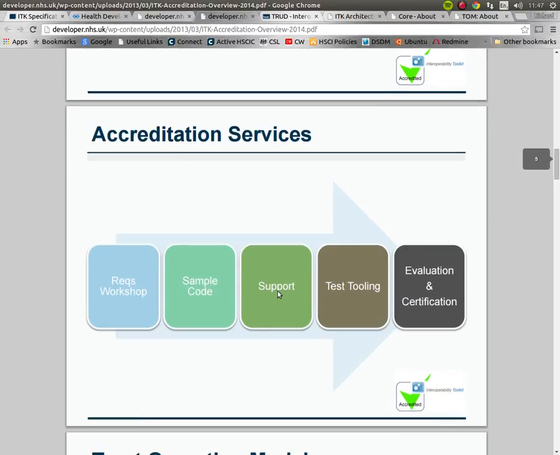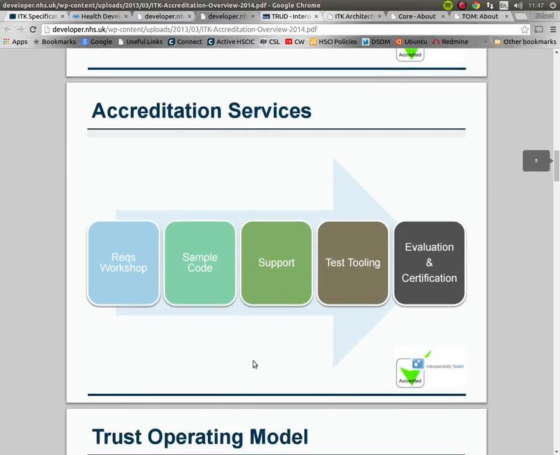What we have recognised though is that there are other things that we can do to help you and to help implementation. So things like screencasts. The accreditation service provides all the test tooling that's required, so effectively from an implementer's perspective you can use the tooling, there's no need to develop anything yourself.